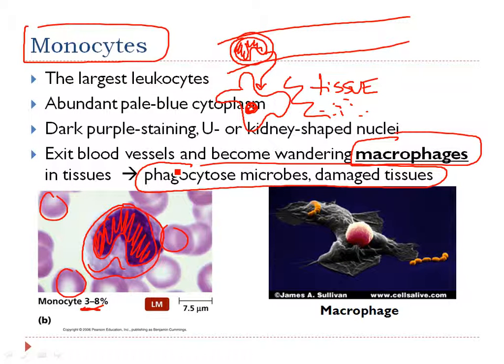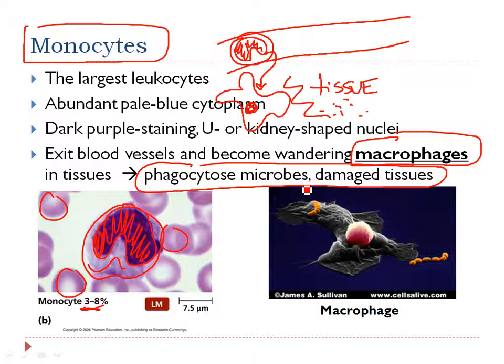They're also very good at phagocytosing or engulfing damaged tissues. So these are like your clean up, your garbage disposals for injured tissues, dead cells, as well as microbes that you may be infected with.